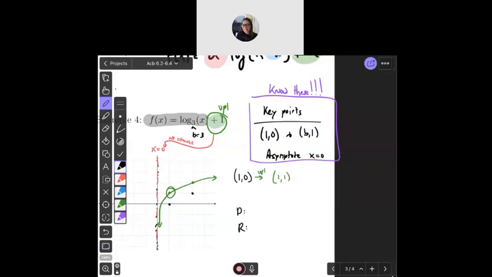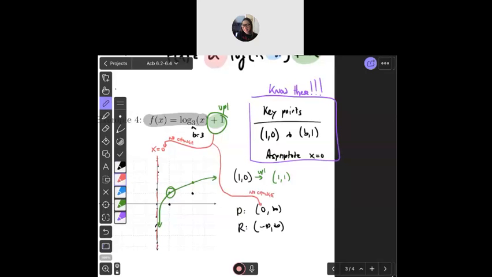Domain and range. Remember, it flips on this one. The range is the easy one. The range is the one that's set. So if I ever ask you what's the range of a logarithmic function, no matter what, it's always all reals. The domain is what we have to worry about. There's a limitation of what we can plug in. Because we did not shift it left or right, there's no change in our domain.